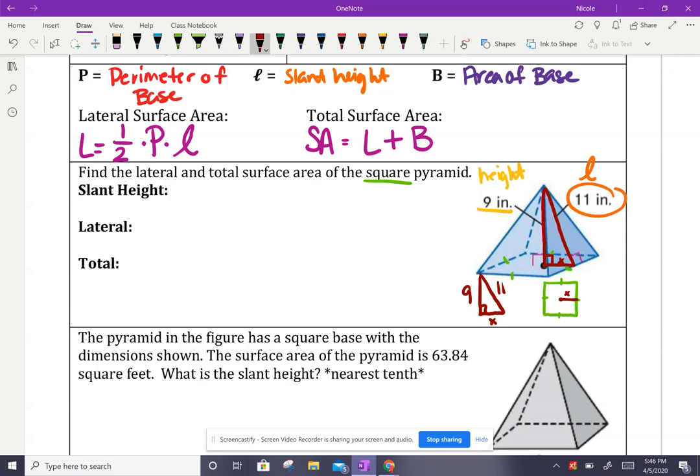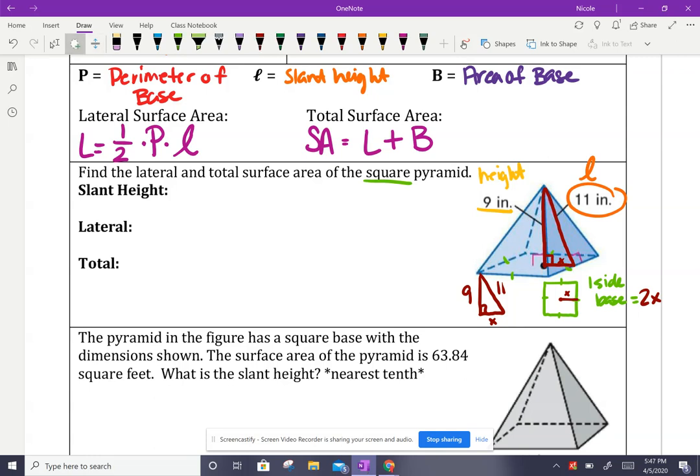So that is my X. So if I'm trying to find the full side length, I can say one side of base is equal to 2 times X. So I'm going to do Pythagorean theorem here to find X, and then that's going to help me find the full length of my base.